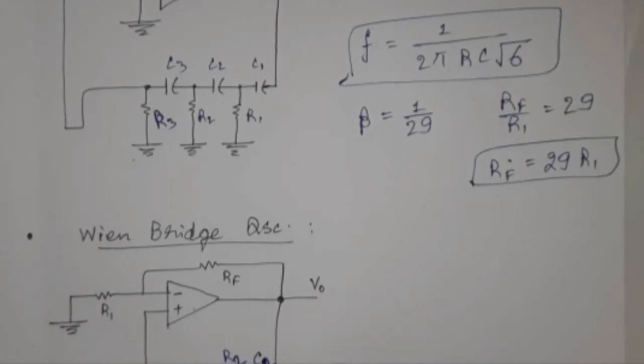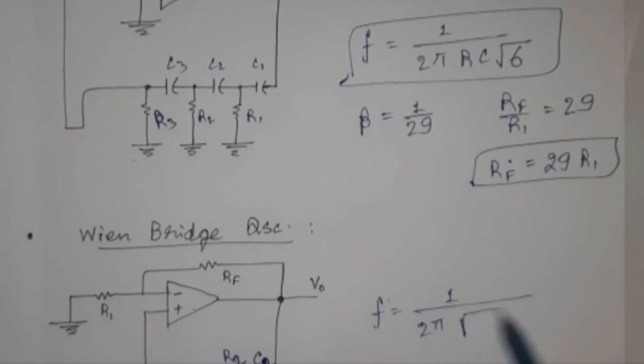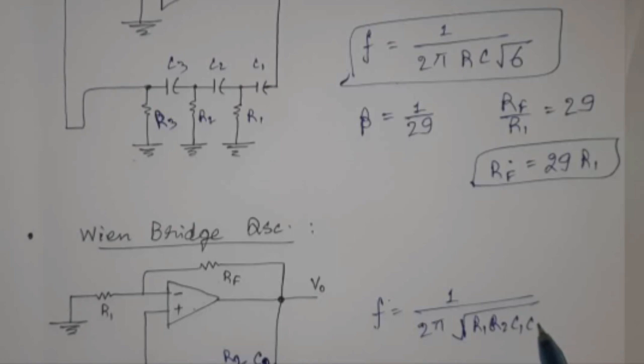There is a series RC network connected with a parallel RC network which forms the feedback loop. The oscillation frequency here would be given by f equal to 1 by 2 pi under root R1 R2 C1 C2.